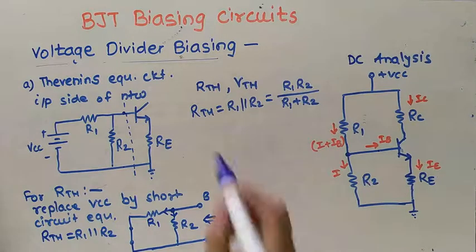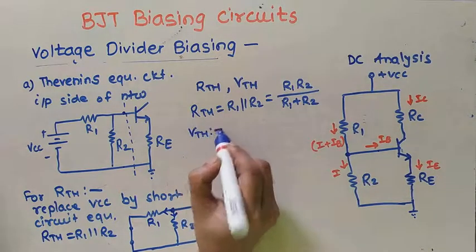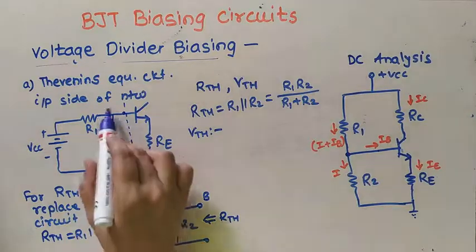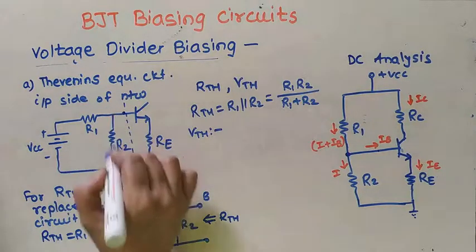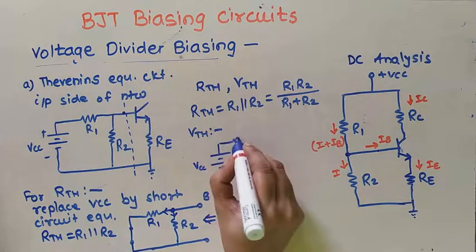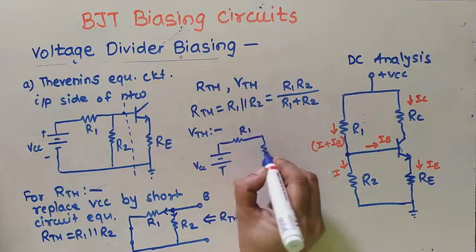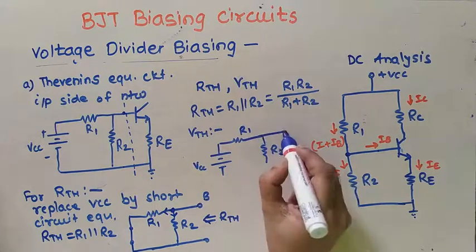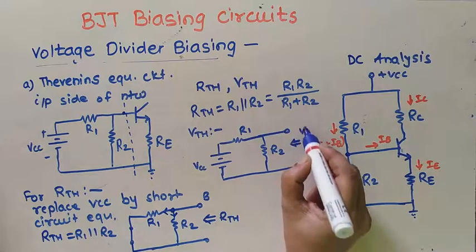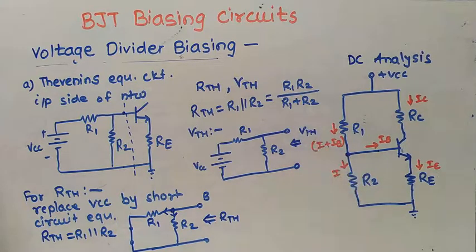Now to calculate VTH, we consider the circuit as it is. Here is our supply VCC, here is R1, here is R2, and this point is given to the base, and through this terminal we observe the VTH. This VTH is called the open circuit Thevenin's voltage.